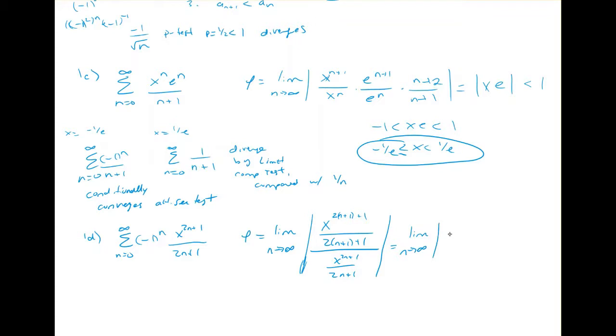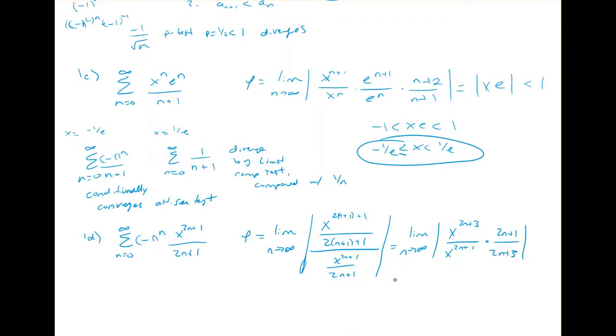So what do we have now? We're going to have x to the 2n plus 3 over x to the 2n plus 1, and then 2n plus 1 over 2n plus 3. This is just 2 over 2 as n goes to infinity, so this is going to be 1 again.